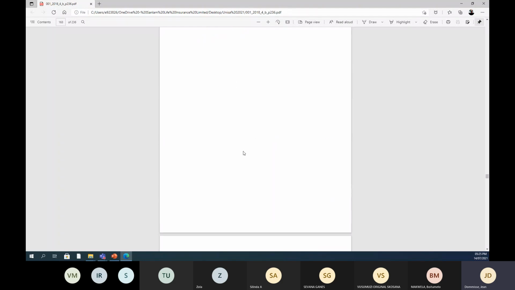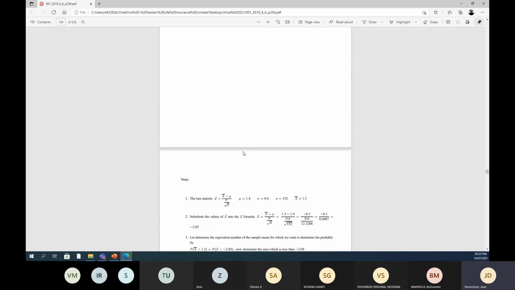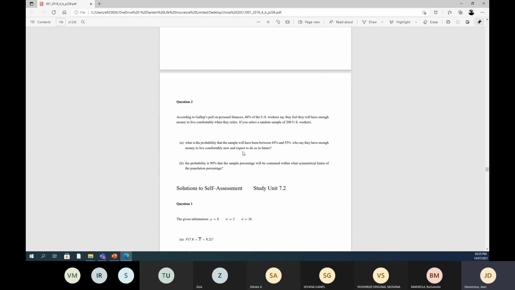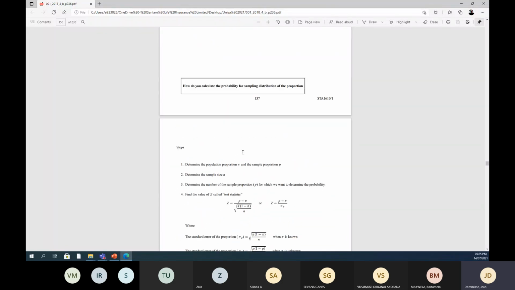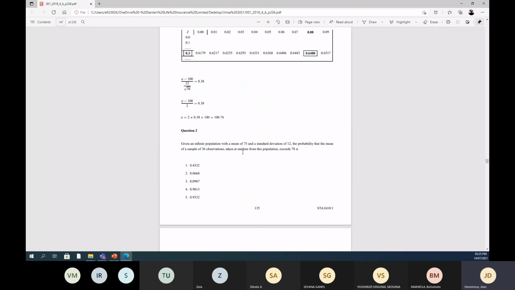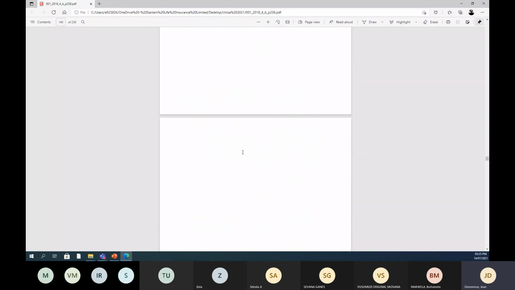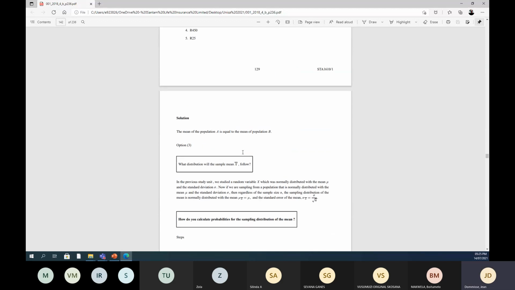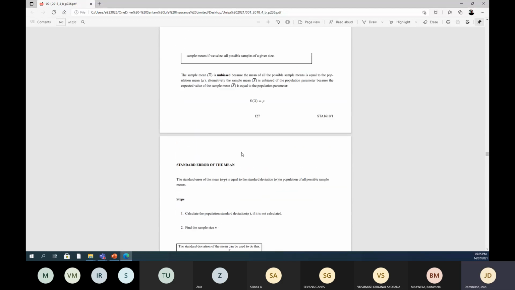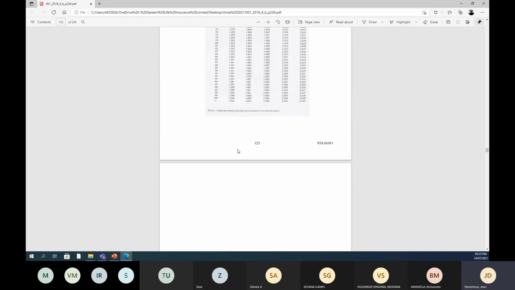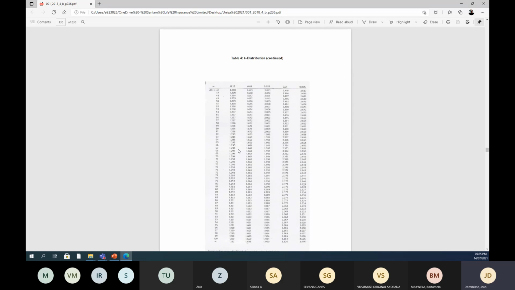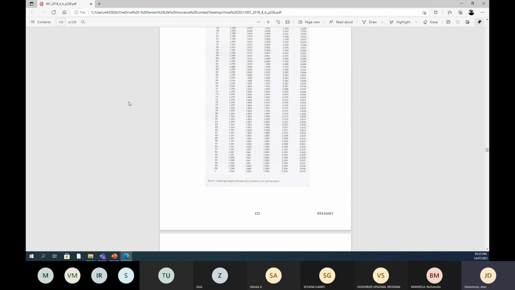I hope it's not supposed to be there. And this is also why it will be easier if you have all your tables marked for the exam or have them separate, so that you don't need to do what I am now doing, because that will just create chaos for you in the exam as well.